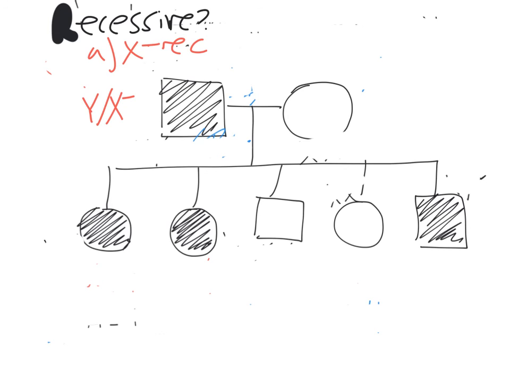This male's going to get the Y from his dad. What does he pass to? He passes his Y chromosome to all of his sons. He would pass the X chromosome to all of his daughters.